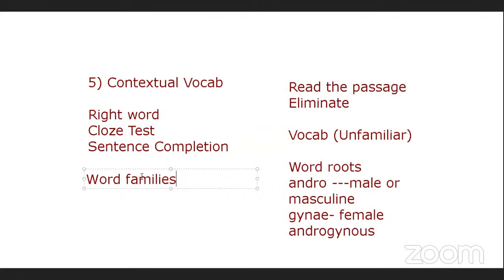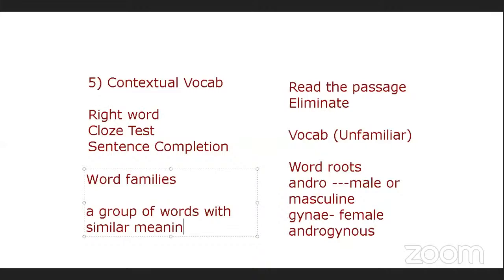So what are word families? Word families means a group of words which have a similar meaning. You can use it to develop your synonyms and antonyms also. For example, there will be a concept of arrogance.